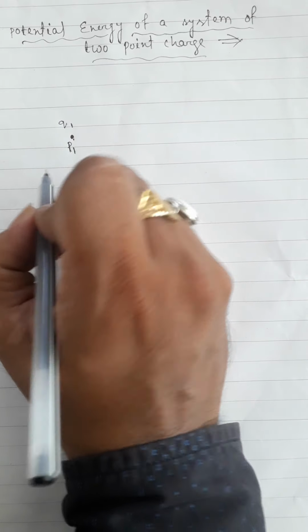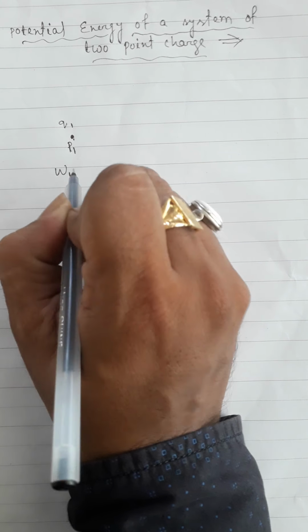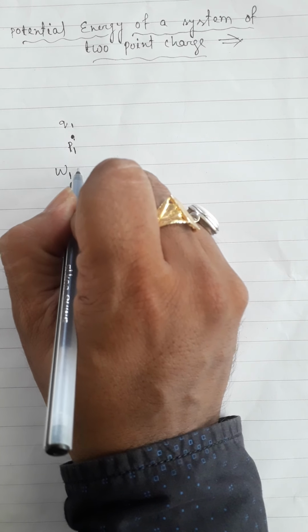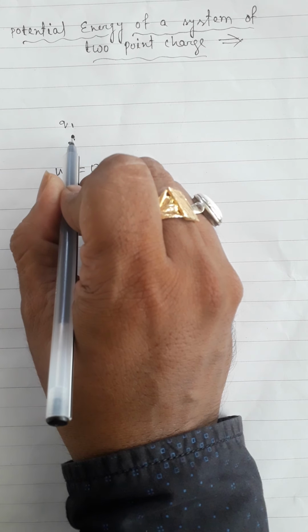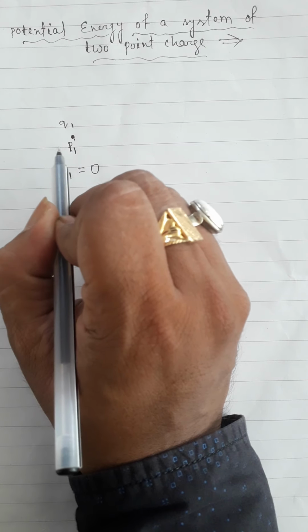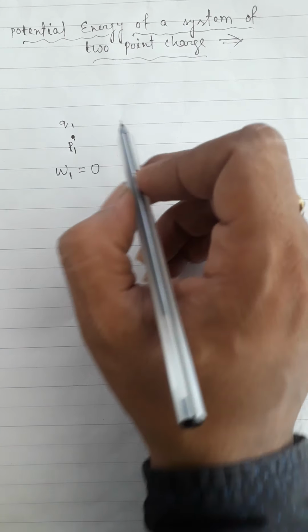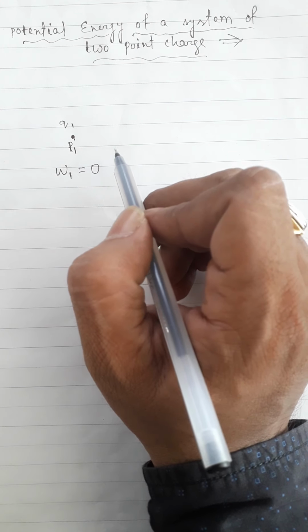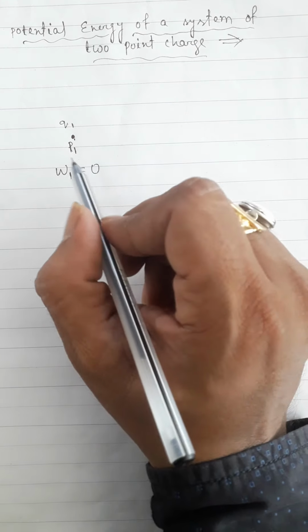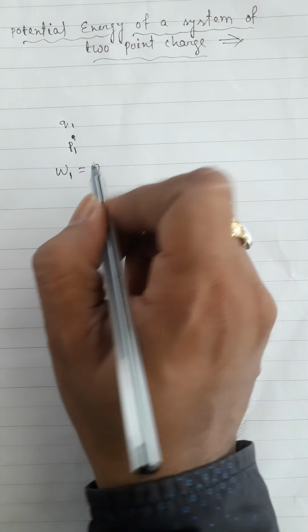So the work done in bringing this charge q1 from infinity to this point p1 is 0, because there is no opposition force, no other charge existing here, and no electric field here. Now consider the electric potential due to charge q1 at a point p2 at distance r12.